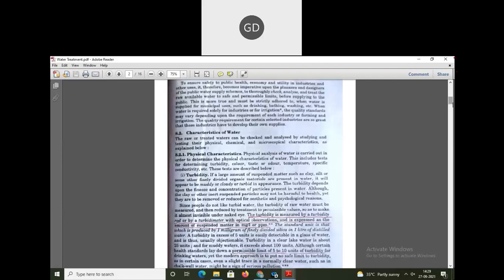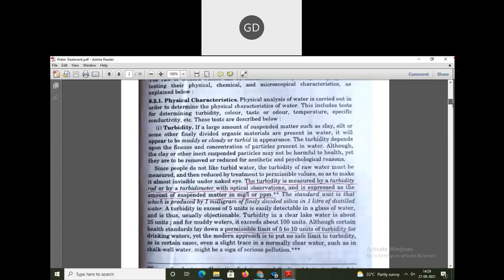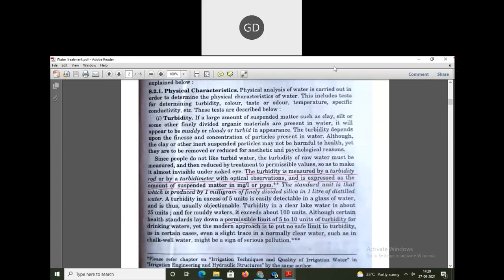It is milligram per liter or ppm. So ppm is parts per million. The full form of ppm is parts per million. Parts per million and milligram per liter are the same thing. Either you write milligram per liter or you write parts per million.